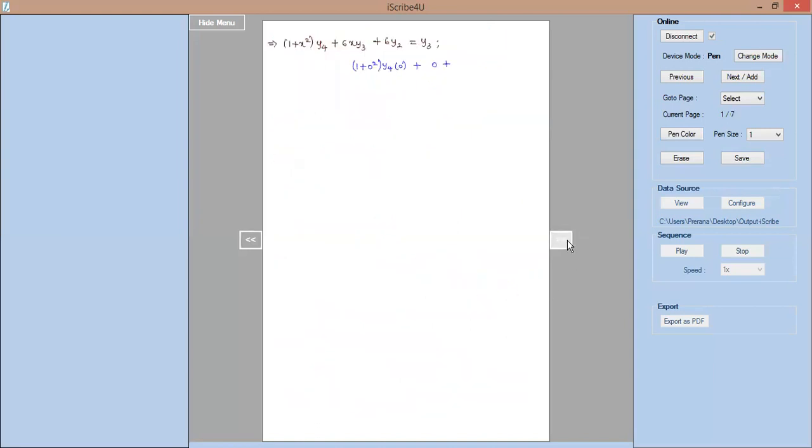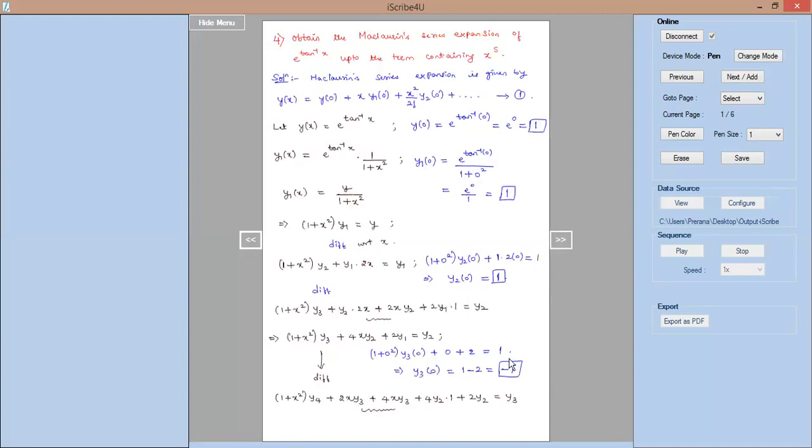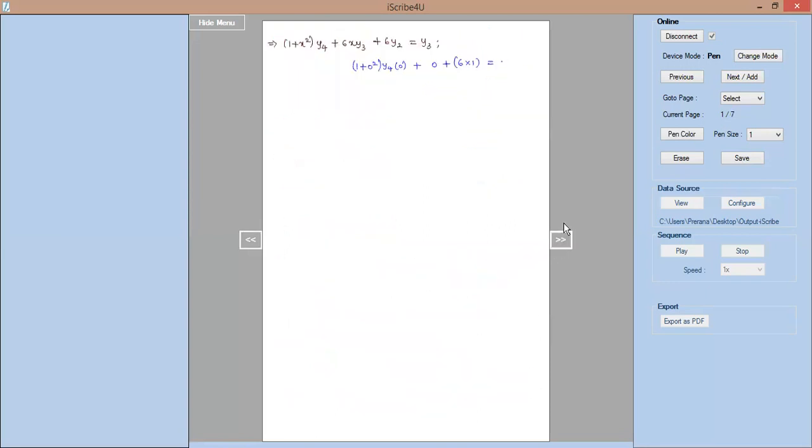So we have 6 into 1 is equal to y3 of 0, which is nothing but minus 1. So y4 of 0 is equal to minus 1 minus 6, which is minus 7.